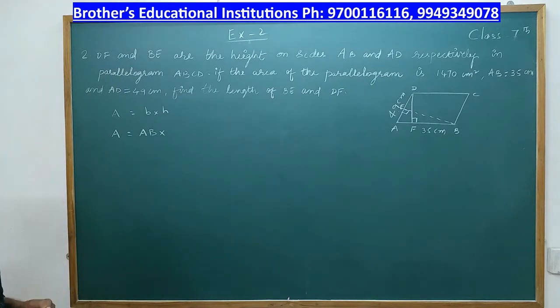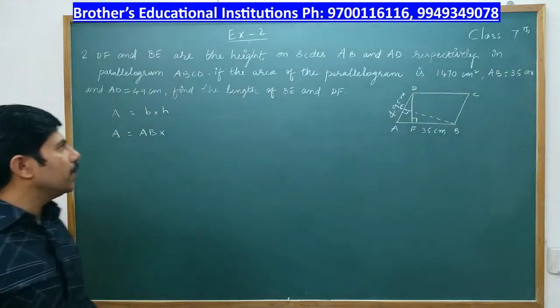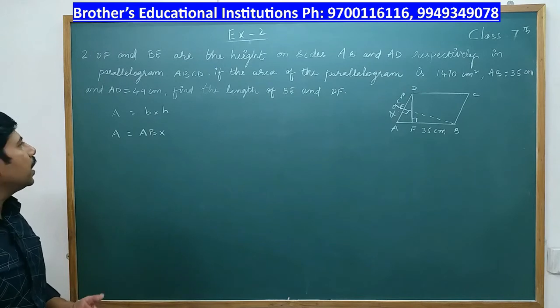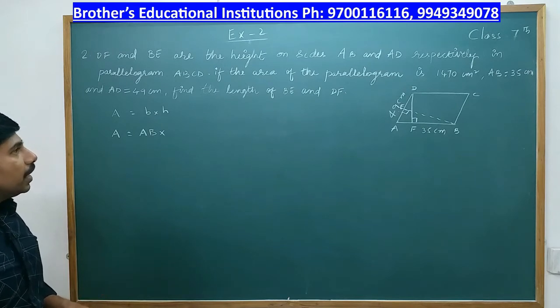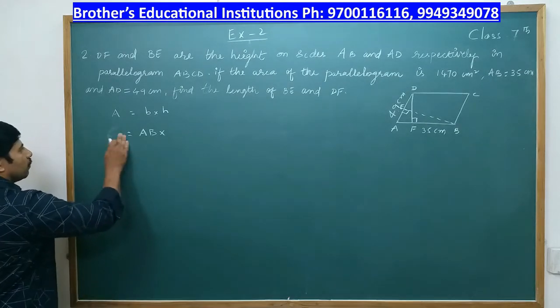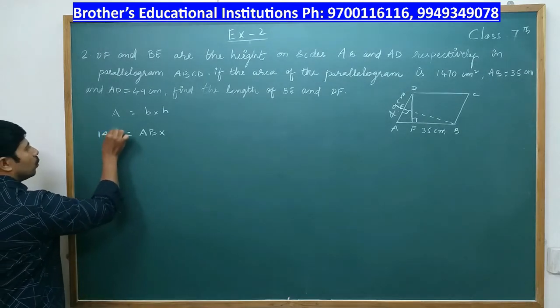So AB is 35 they gave and AD is 49. They have not mentioned the altitude, as we have to find out BE and DF, and the area they mentioned as 1470. So instead of A, I'll write 1470.